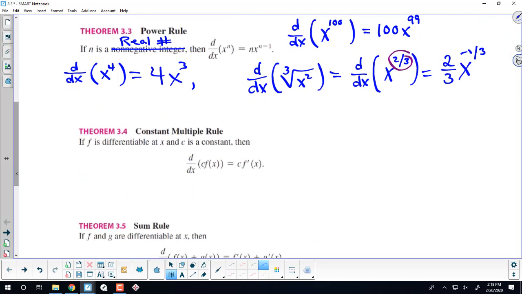Constant multiple rule: it just says if we've got a constant times a function of x, then the constant can get pulled out of the derivative and multiplied in afterwards. Like the derivative of 3x to the fourth, that theorem says that's the same thing as taking 3 times the derivative of x to the fourth.